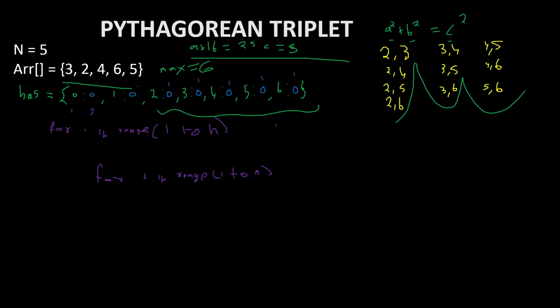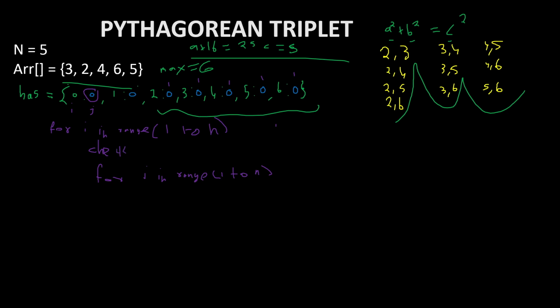While doing that, we have to check if that value is inside the hash map or not. This 0 here represents that the value is not present in the hash map. If the value is not present in the hash map, then it is also not present in the array, right? So we check in the hash map in the i loop if that value is present or not.